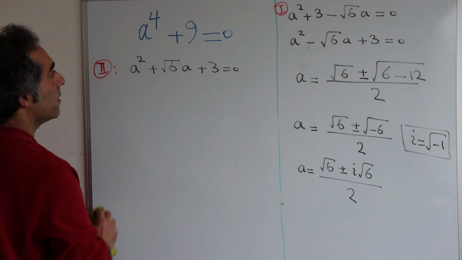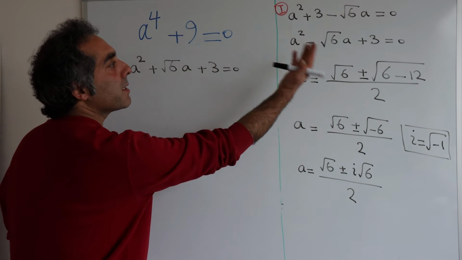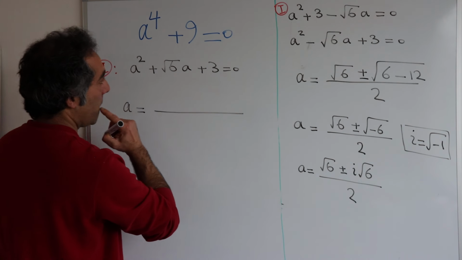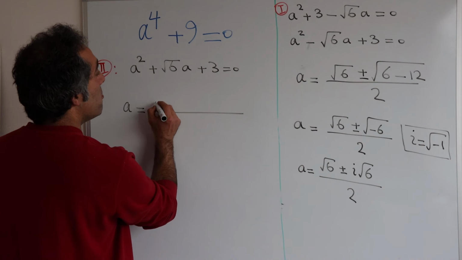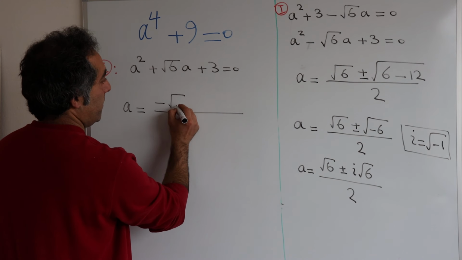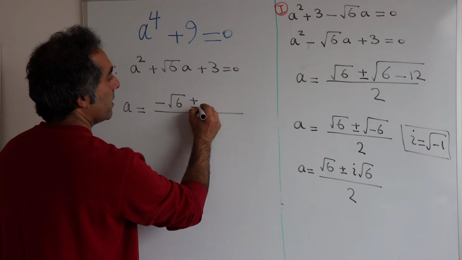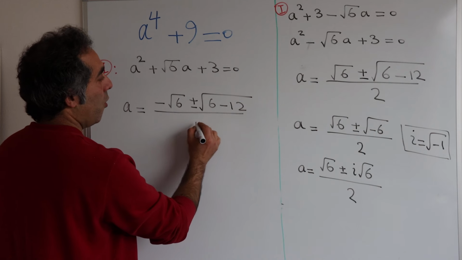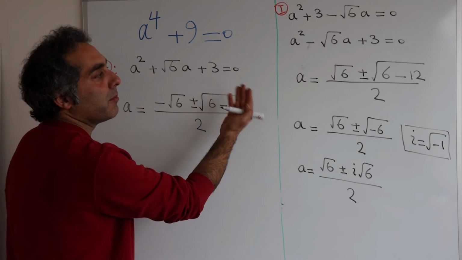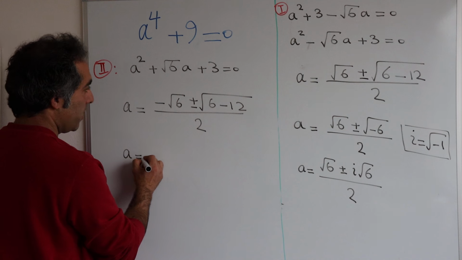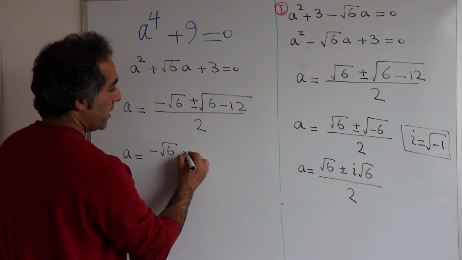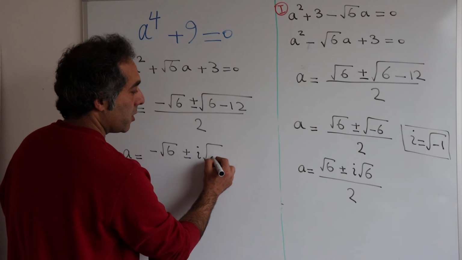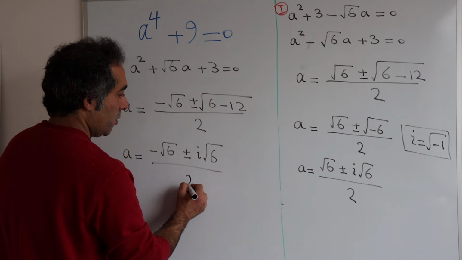I can go further with this equation by the same procedure, which is r equals, on the fraction line, minus square root of 6 plus minus, but here everything is the same, over 2. Now it is again minus 6, so we can just write plus minus the imaginary number over 2.